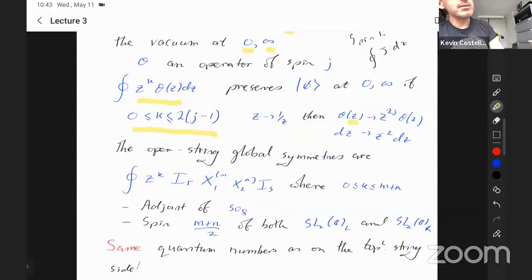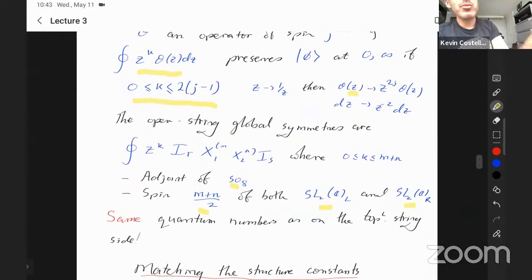So these expressions are in the adjoint of SO8, of course, and they're in a representation of spin (m+n)/2 with respect to both the SL2 conformal symmetry and the SL2 symmetry which rotates x1 and x2. So this is the same quantum numbers as we saw before. It's like sum SO8 tensor BJL tensor BJR.